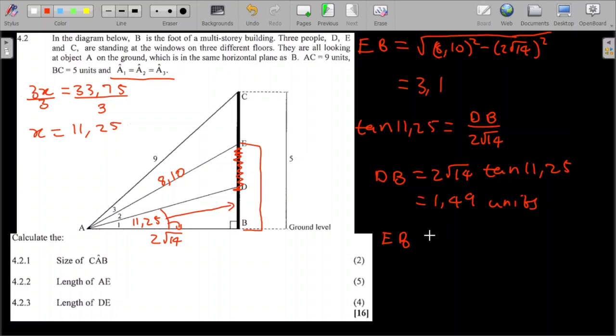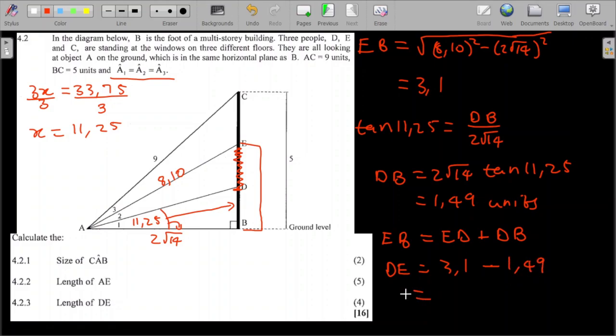Now remember, to find this one, we know that UEB is equal to UED plus UDB. Now finding the one that I'm looking for, which is UDE or DE, is the same. So DE is going to be, take to the other side, what we found as 3.1 minus DB, which is 1.49.